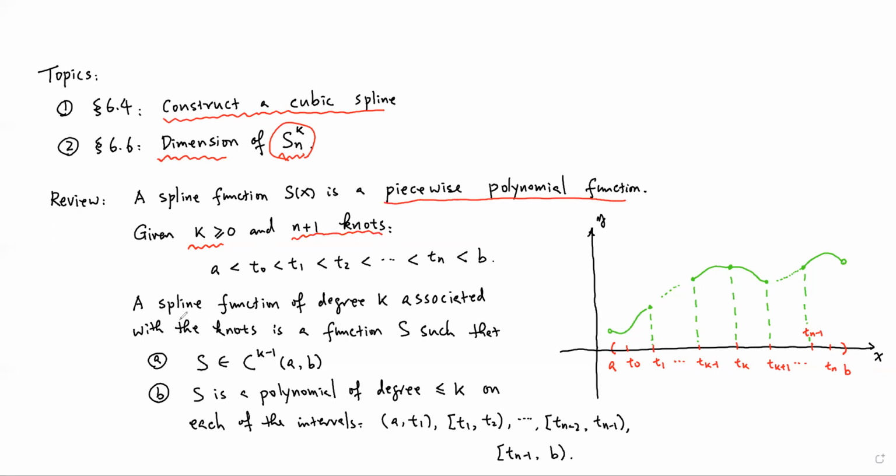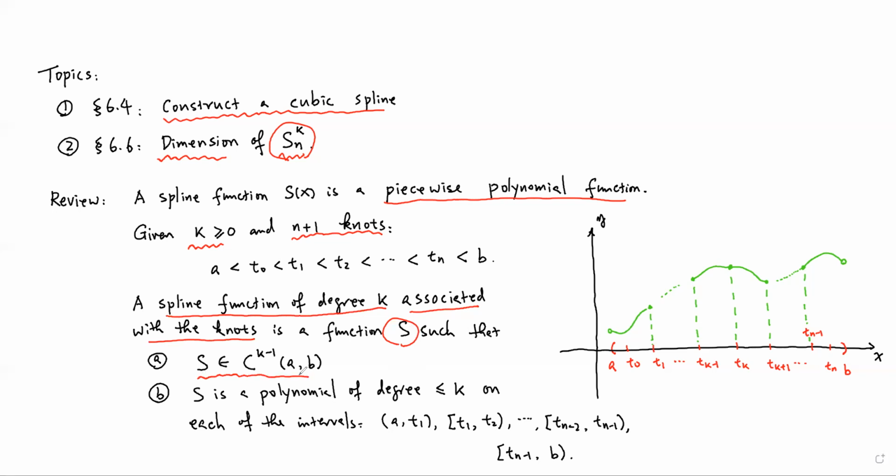Then a spline function of degree k associated with the given knots is a function S, the first letter of spline. S is smooth of order k minus 1.